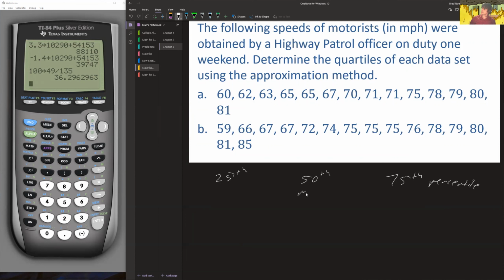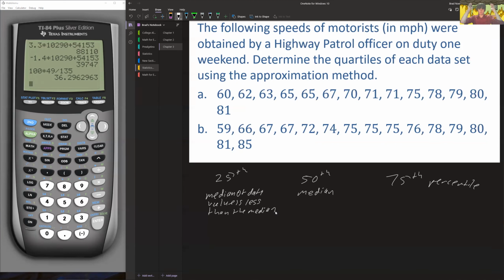Another way of saying this is the 50th percentile is the median. It's my middlemost entry, right? Because half the entries are less than it. So the 50th is equivalent to my median. What I can then do is exclude this median, and this is the median of data values less than the median, because 25 is half of 50.